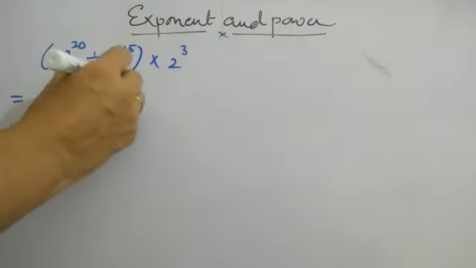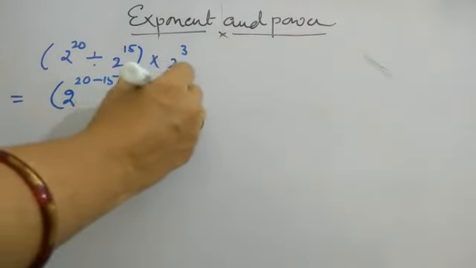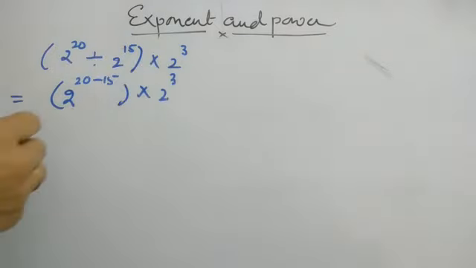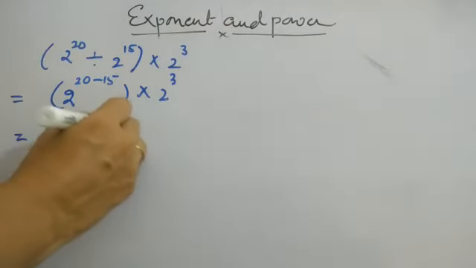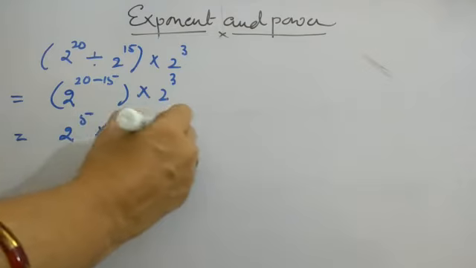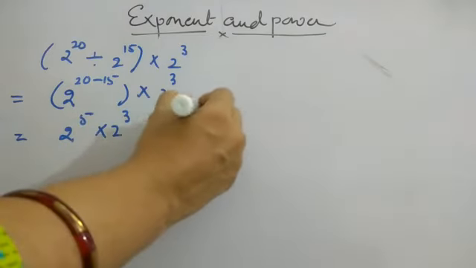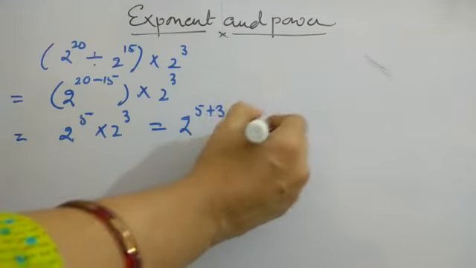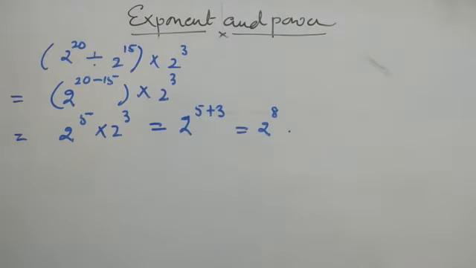The powers will be subtracted. Okay. And then copy the rest number. So 2 to the power 5 into 2 to the power 3. Now the bases are same and they are being multiplied. So the powers will be added. So you have 2 to the power 8. Okay. This is how we will do.